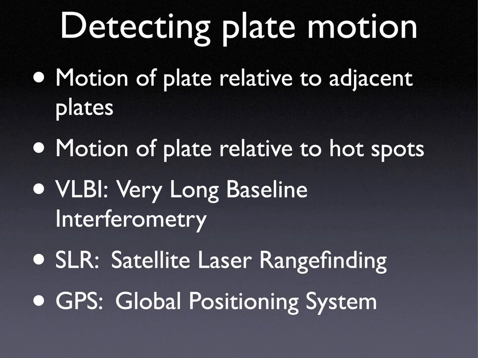And finally, and very commonly these days, we use the global positioning system, the same GPS that is in your phone and probably in your car that helps you understand where exactly on the surface of the Earth you are.